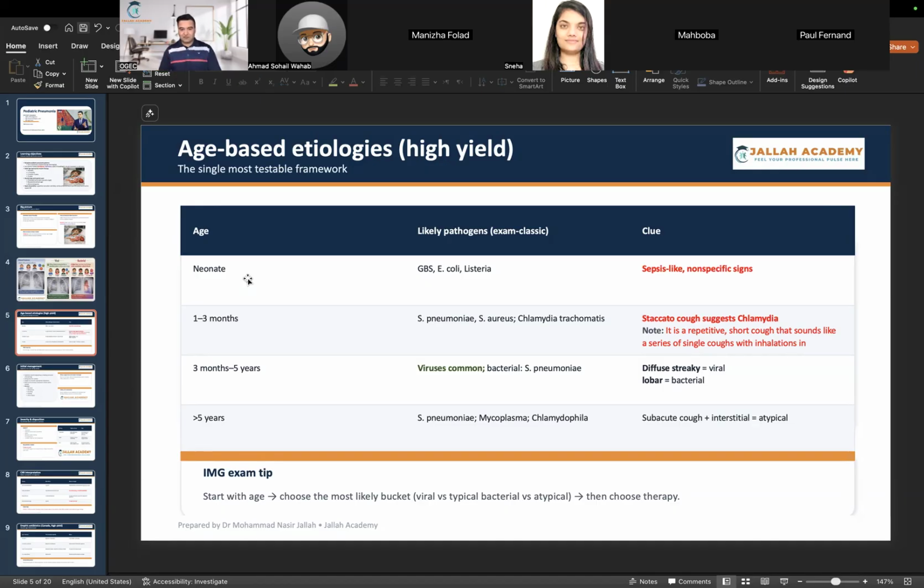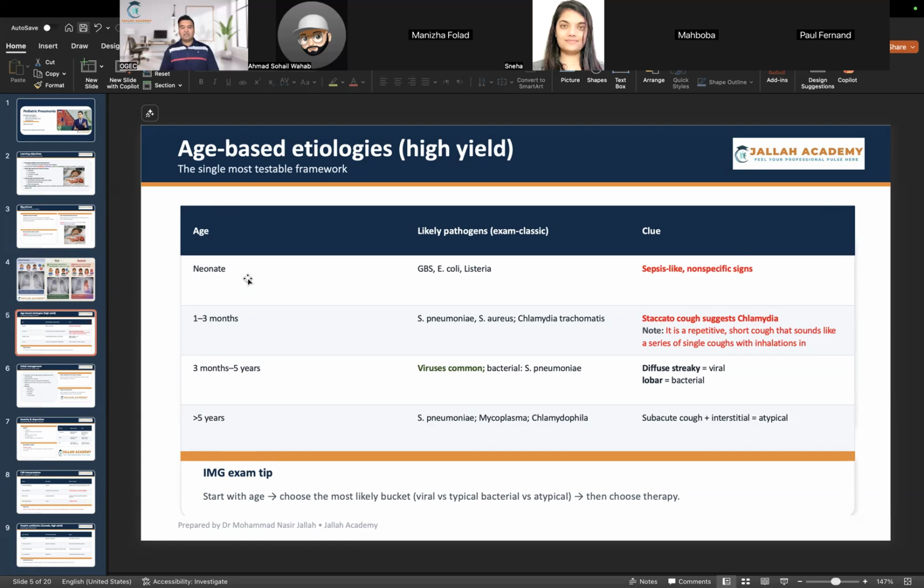For 3 months to 5 years, it could most commonly be a virus, or bacterial, such as streptococcal pneumonia. Usually, if it is viral, the X-ray will show diffuse streaky changes. If it shows lobar consolidation, then it will be bacterial.